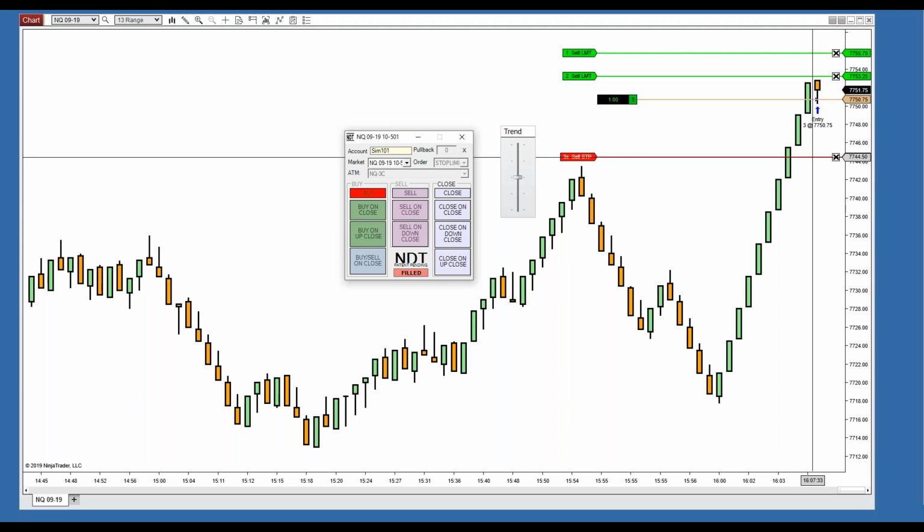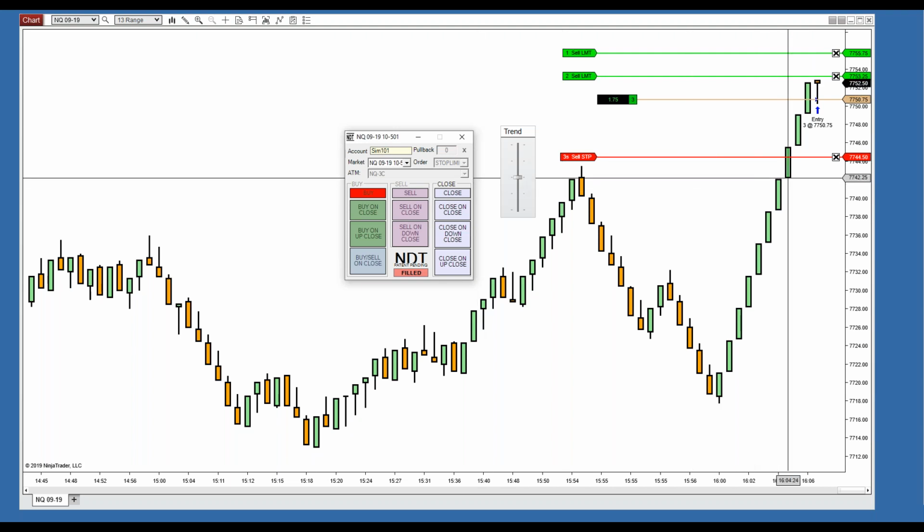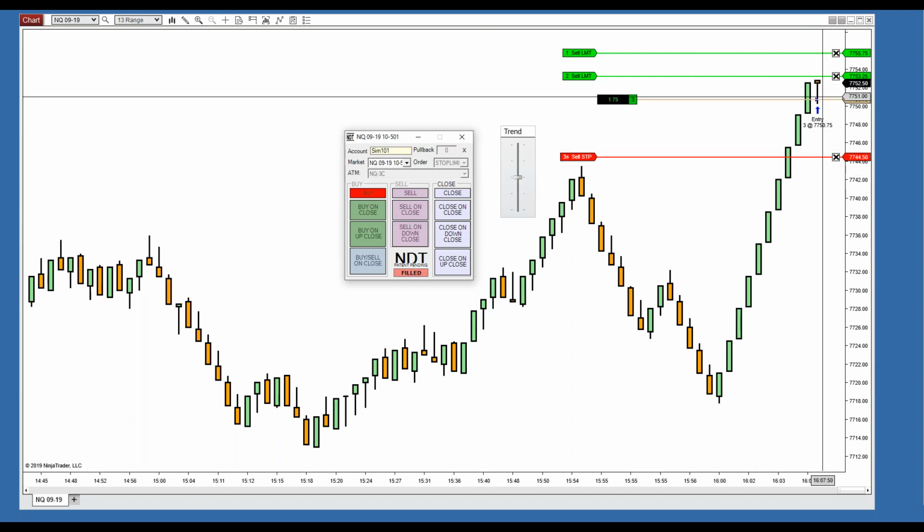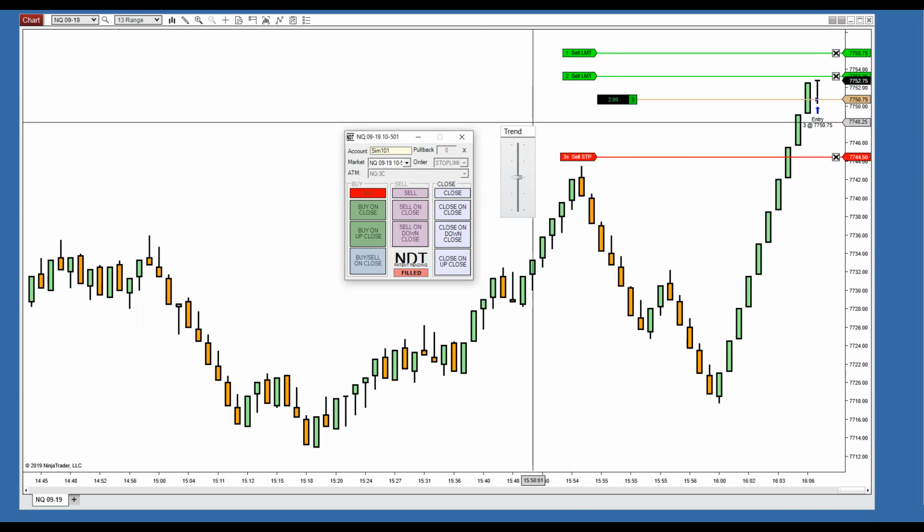Whatever your automated trade management strategy is, we're going to program it into the NDT for you. You can have multiple trade management strategies, which we do, and they're going to pop right up. You don't have to run to the dome and place any kind of trade. It'll take it right here.